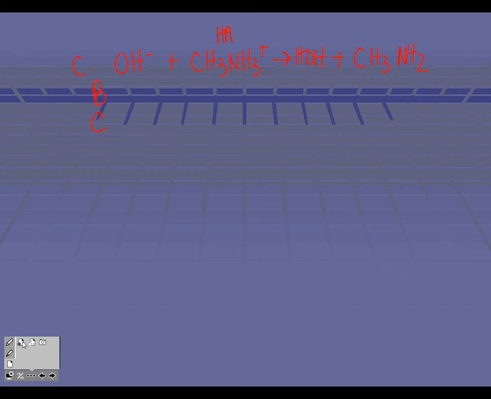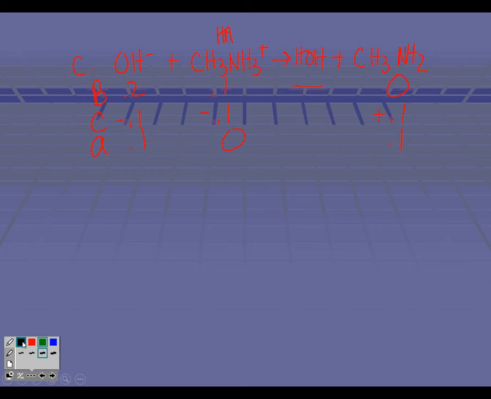This is a reaction because we have an acid and a base present. We're going to start off with 0.2 moles of our base, 0.1 of our acid, don't care about water, and 0 of our conjugate base. Always change by the smallest, so minus 0.1, minus 0.1, and plus 0.1. This gives us 0.1, 0, and 0.1.